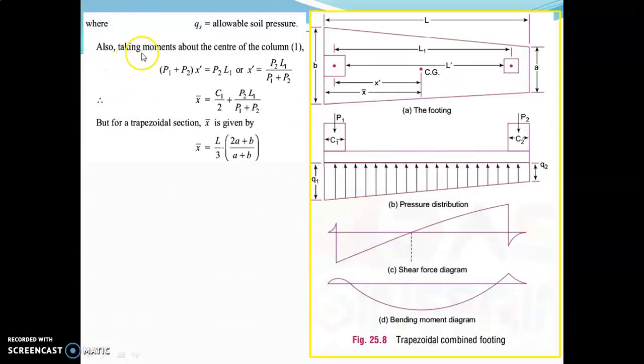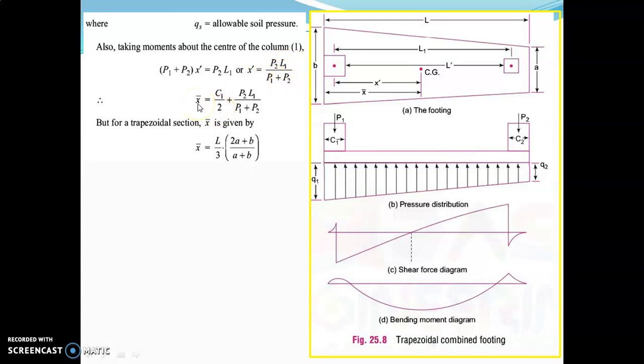Also, if you take moments about the center of column 1, the equation becomes (P1 plus P2) into x dash is equal to P2 into L1, or x dash is equal to P2 L1 divided by (P1 plus P2).